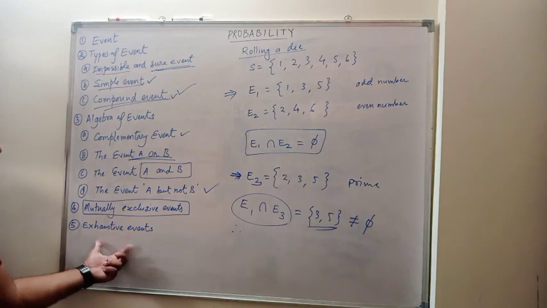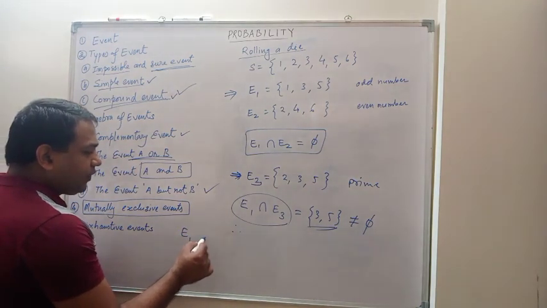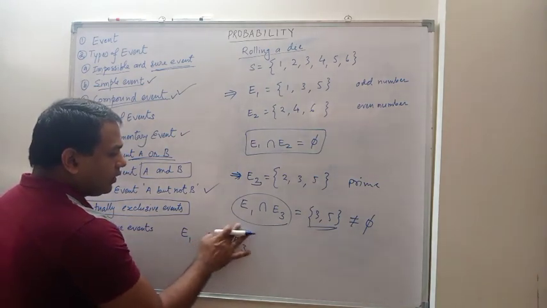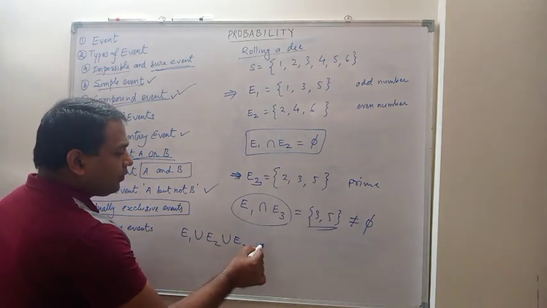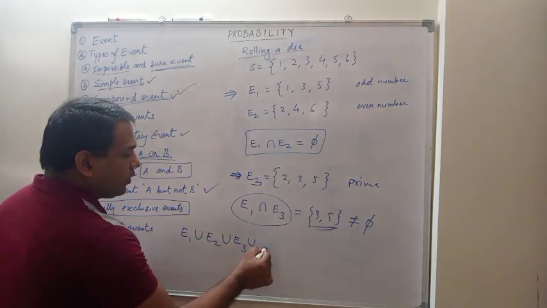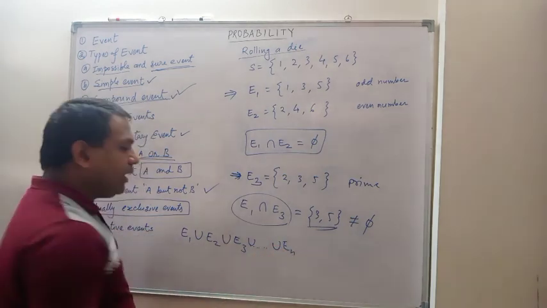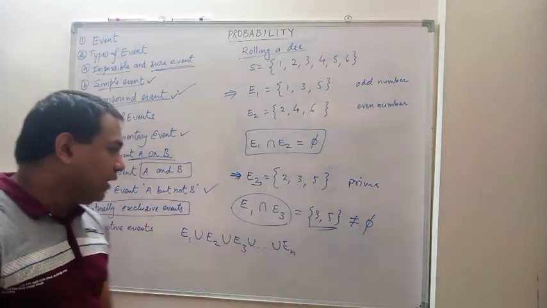Exhaustive events. Let us consider there are so many events, E1, E2, E3, likewise, and we are finding the union of them. N events are there, E1, 2, 3, 4, 5 up to En.